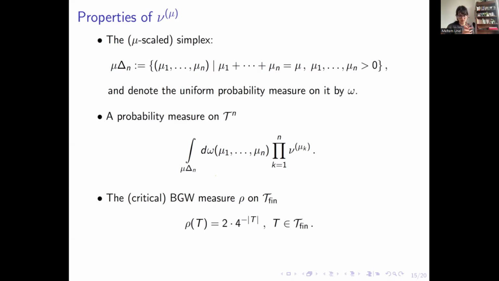So this is the Bienaymé-Galton-Watson measure rho in the critical case with the geometric offspring distribution, which, remember, once we restrict this measure to the set of trees of size n, becomes the uniform measure.